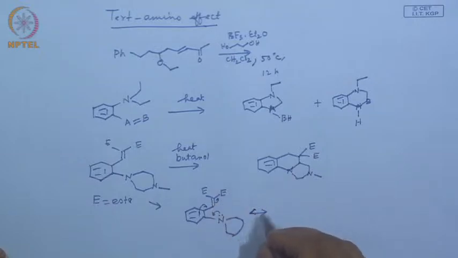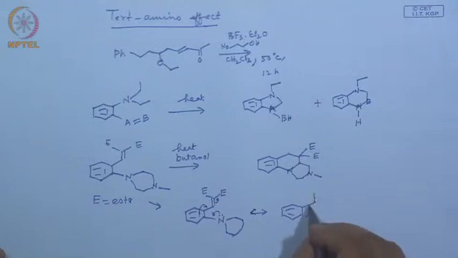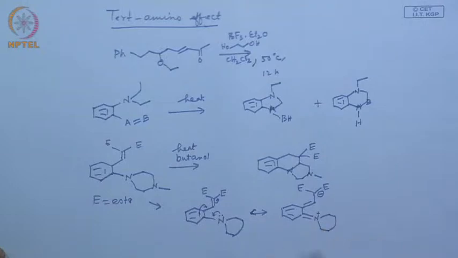So, a double bond here and then E, and now a kind of zwitterion, and then this is a cycle. Don't write anything about that. So, what next?